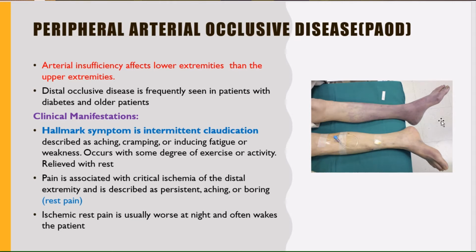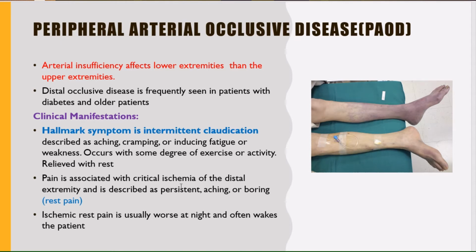So the hallmark symptom for PAOD is intermittent claudication, like achy, crampy pain, or exercise-induced fatigue or weakness. It can happen with some exercise or activity and relieves with rest. Remember, the intermittent claudication relieves with rest.